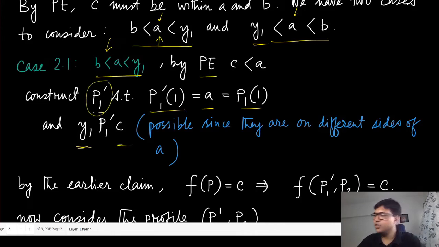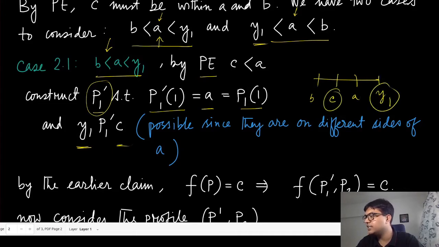Why is that possible? Because A lives somewhere here, B is here, C is somewhere here because of Pareto efficiency, and Y1 is here. Because Y1 and C are on two different sides of the peak A, this is possible. You can always construct a preference profile which has Y1 more preferred than C.